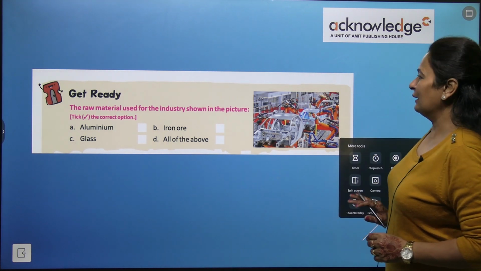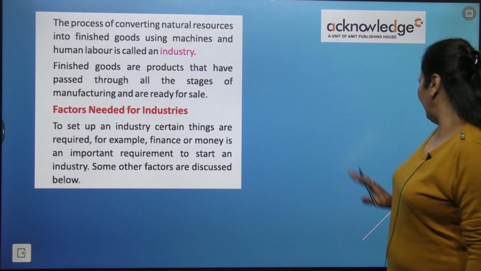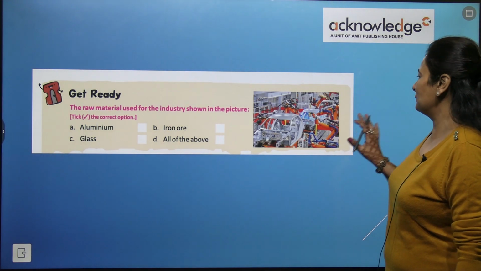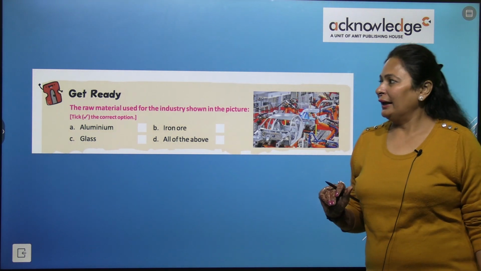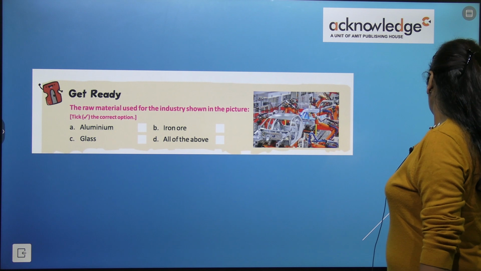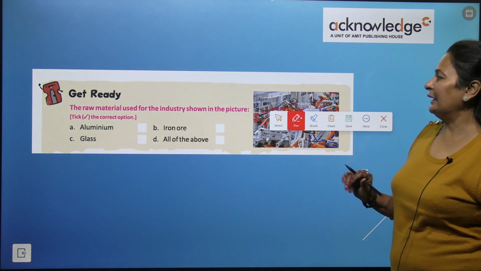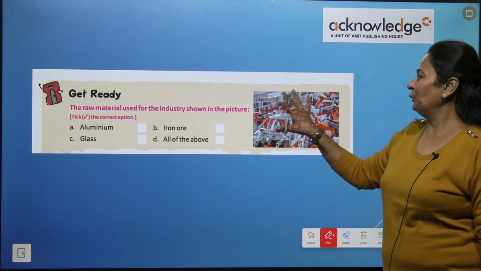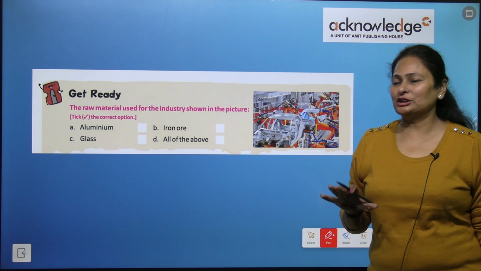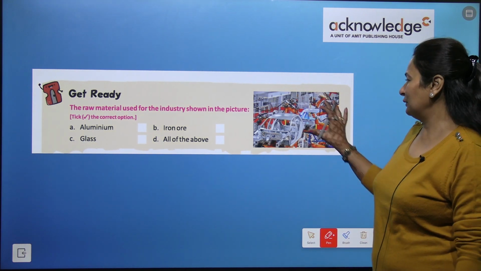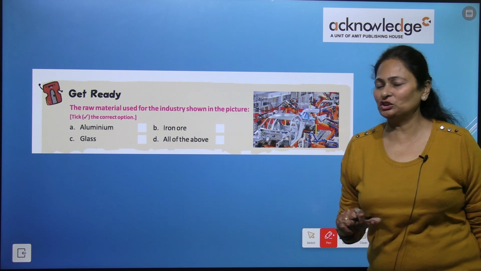So, this is the picture of our industry. Have a glance at it and get ready. The raw materials used for this industry shown in this picture. So take the correct option. Just analyze this picture.